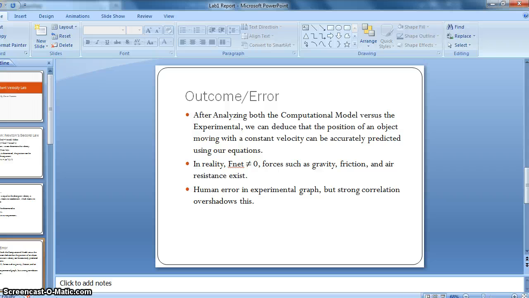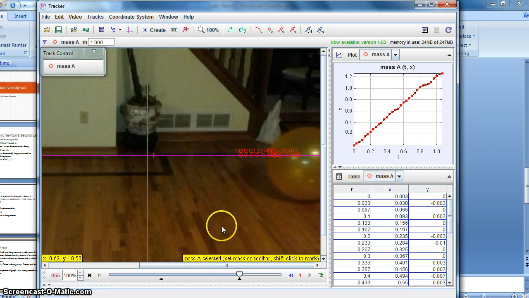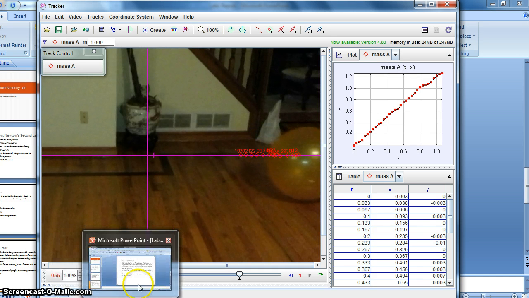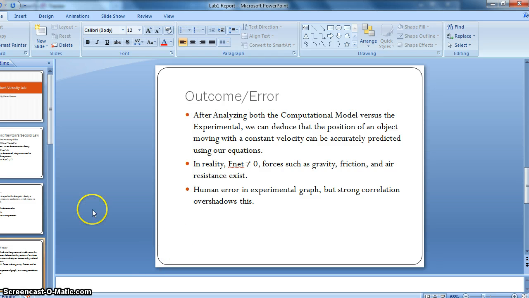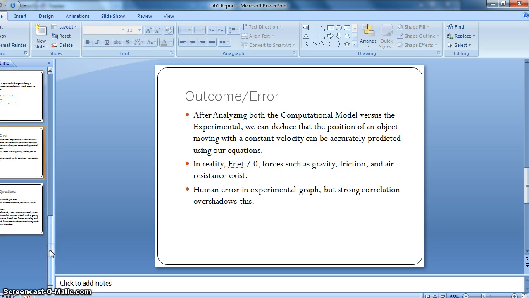However, there is a really strong correlation in our model, and some of the error that we see in our graphs may have also been caused by a failure to choose correct points in our Tracker model. So, as we can see by our graphs, the ability to predict the new position of the object based off of our equations is very accurate.